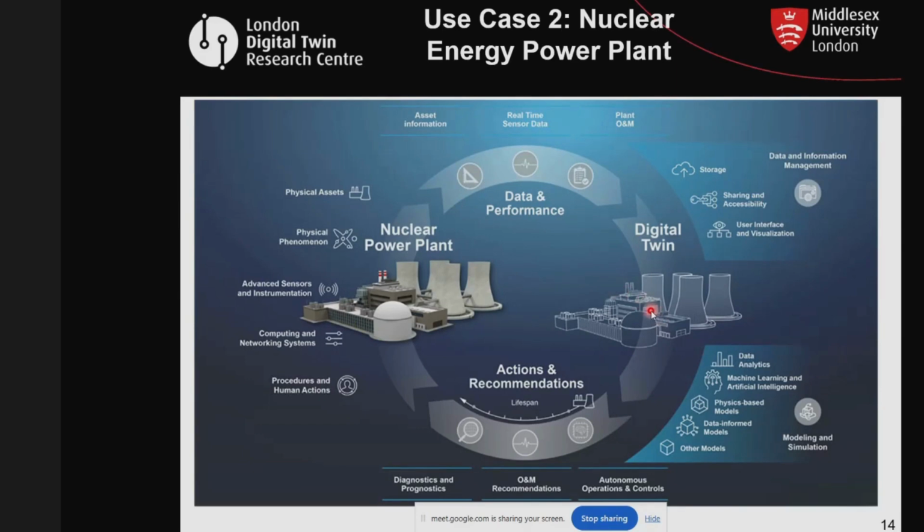In case of an emergency, it can automatically turn the power plant off, or reduce the temperatures, increase the cooling efficiency, etc. So operations and management recommendations, diagnostics and prognostics, and autonomous operations and control are what the digital twin provides for the lifespan of this nuclear power plant, which is what the scenario is in this case.